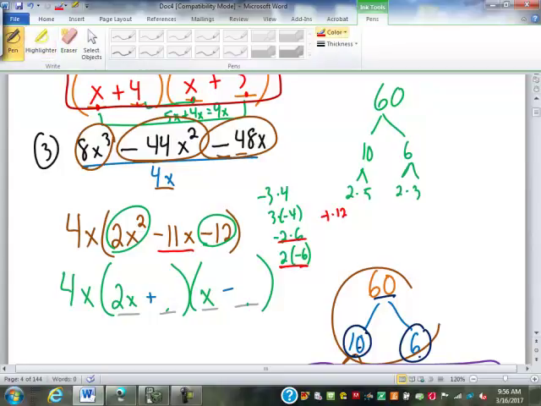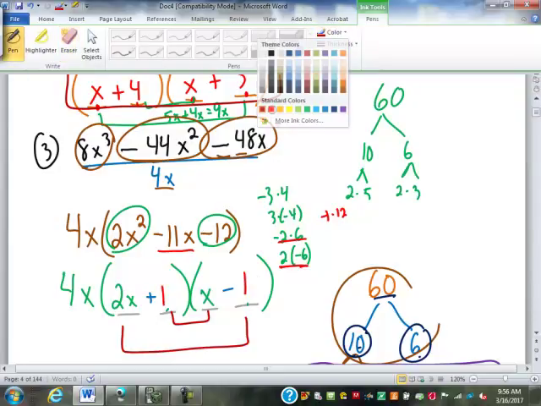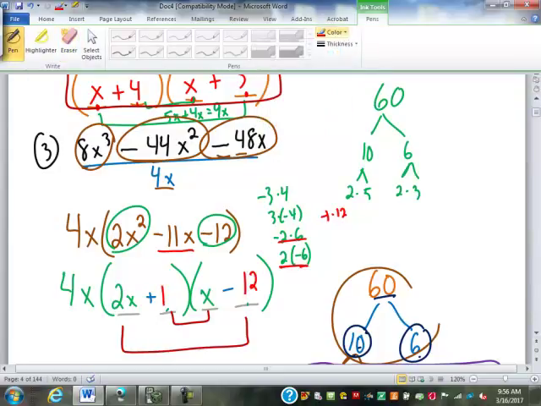So let's try that 1 and 12. On the outside here, 2x times negative 1, negative 2x. On the inside, 12 times x is 12x. That's a positive 10x, not the one we want. But again, we do have to switch the 12 and the 1 and try that.